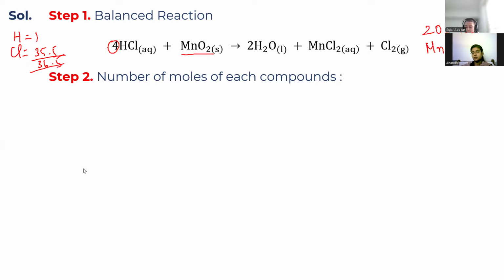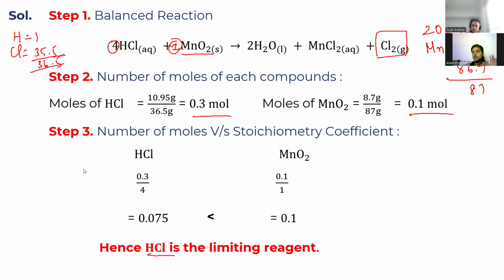Now, with respect to the availability of HCl, you are going to get the amount of chlorine produced. So you have to find the limiting reagent and then get the amount of chlorine produced, calculating based on the availability of HCl because we found that HCl is the limiting reagent.